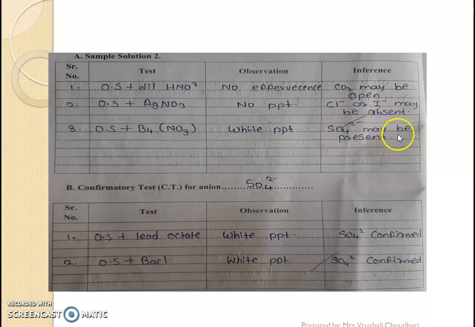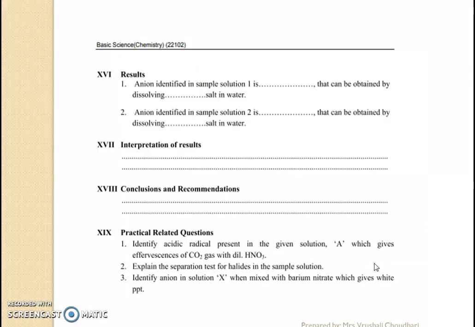As it may be present, we will do a confirmatory test. OS plus lead acetate, white PPT, SO4 2- is confirmed. OS plus barium chloride, white PPT, SO4 2- is confirmed. Similarly, we can do identification tests for carbonate, chlorine, bromine and nitrate.